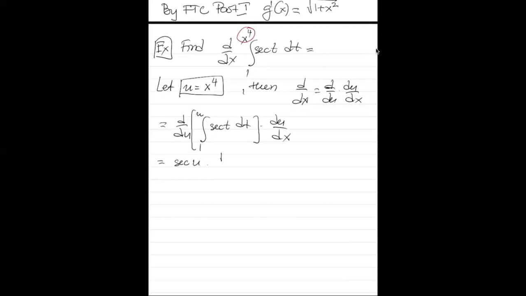And now I have times du dx, and du dx is 4x to the 3rd. And finally, u was x to the 4th, so I have 4x to the 3rd, I'm going to put on the front, and then secant of, instead of u, I'm going to put x to the 4th. And that's it.